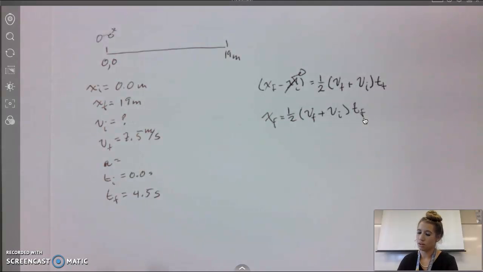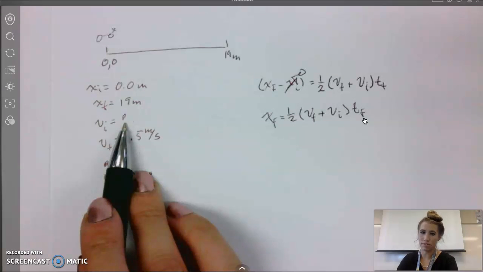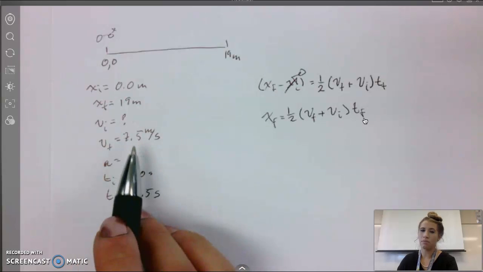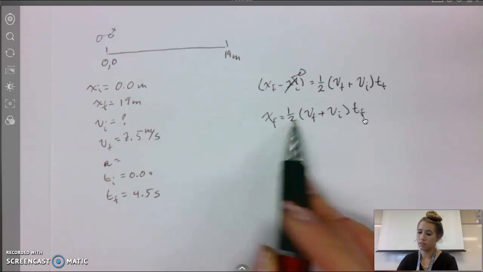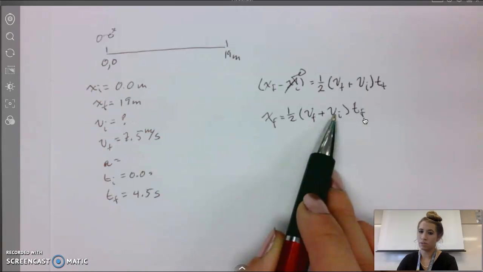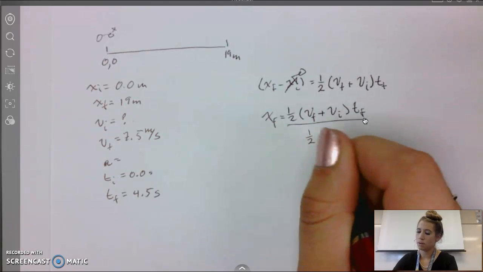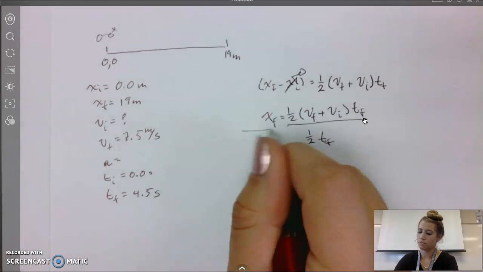All right, we're solving for velocity initial. So we need to rearrange this equation to solve for velocity initial. So let's start by dividing by our components that are multiplied to it. Okay, so we're going to divide by 1/2 time final.